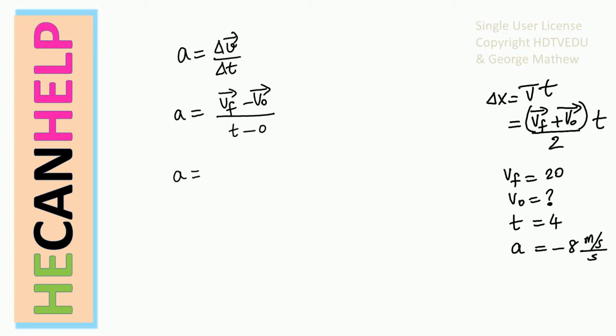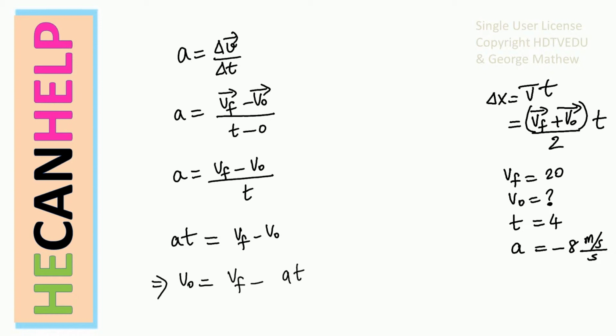So what is the acceleration? V final minus v initial divided by time. So what is acceleration times time? That will be equal to the change of velocity, which is v final minus v initial. From that, we get v initial is equal to v final minus acceleration times time. Substitute the numbers that we know.